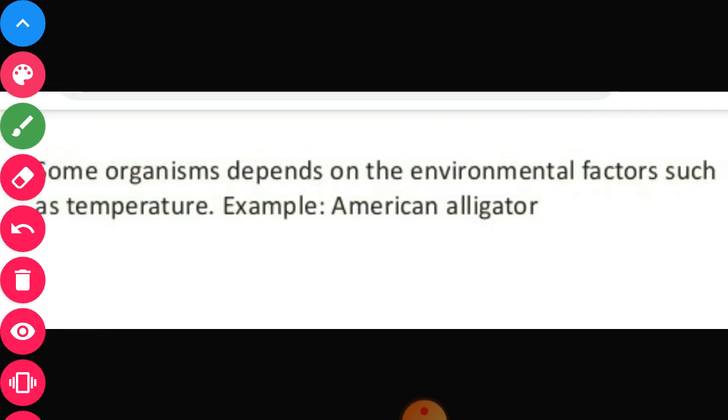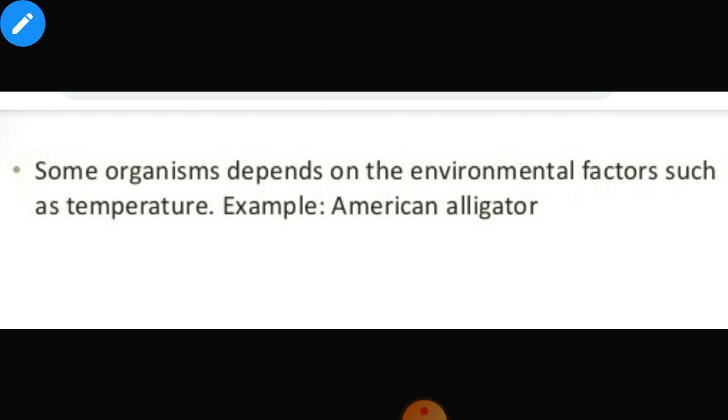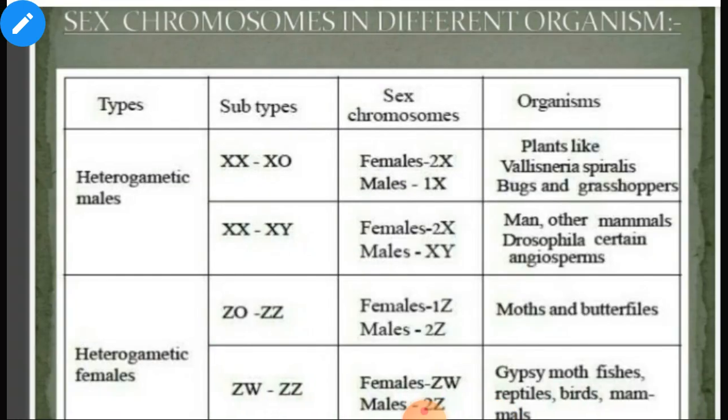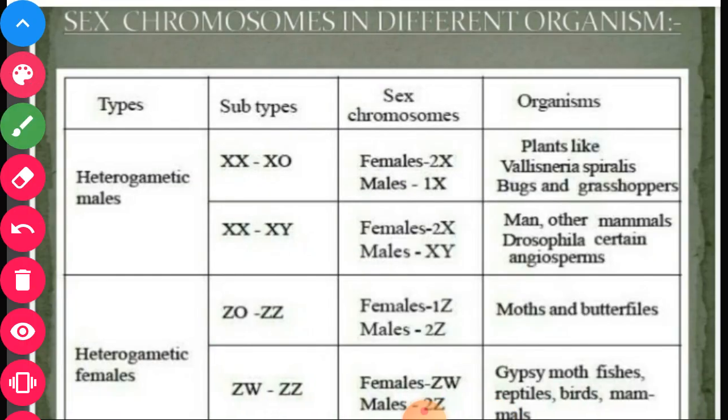Some organisms depend on environmental factors such as temperature for determination of sex. An example is the American alligator. The temperature decides the sex of the organism. Now here are the sex chromosomes in different organisms.